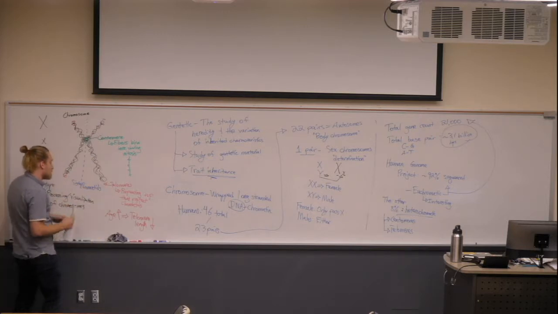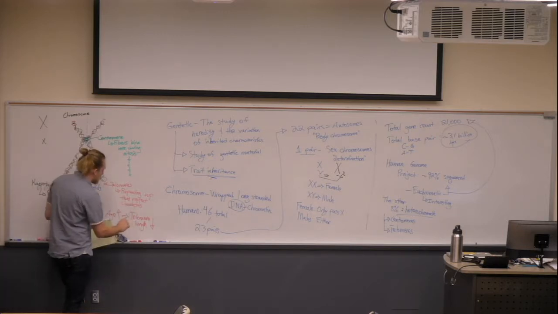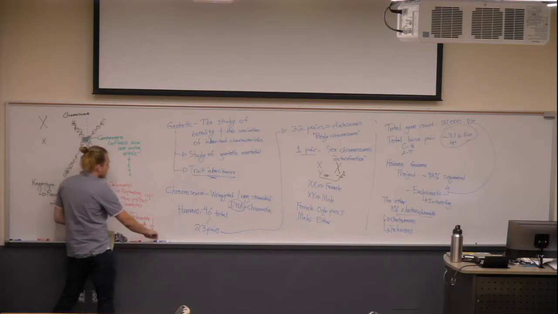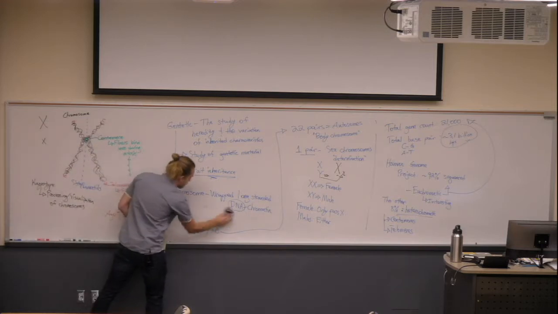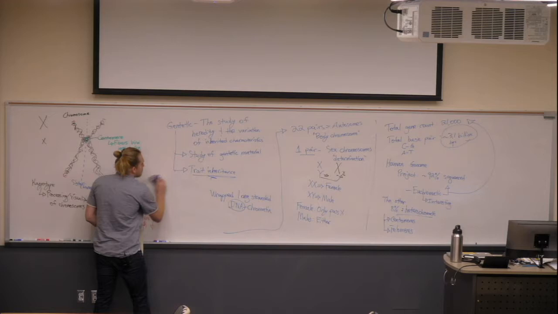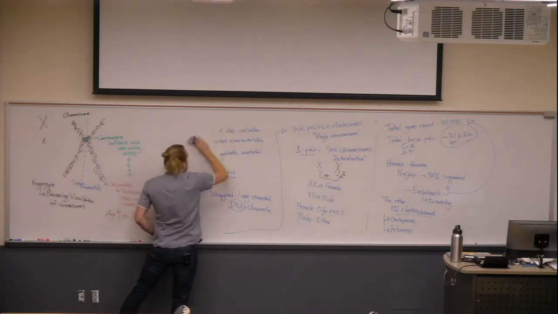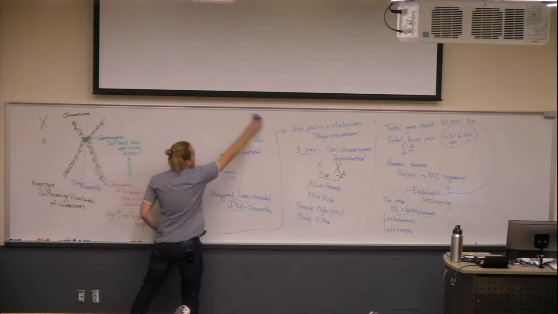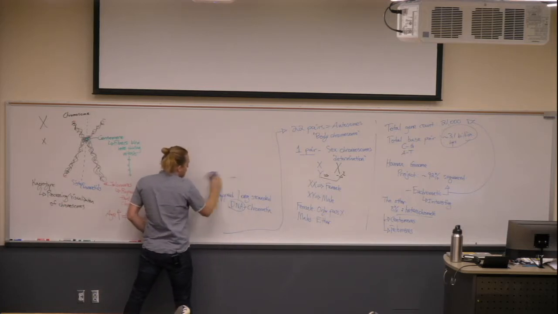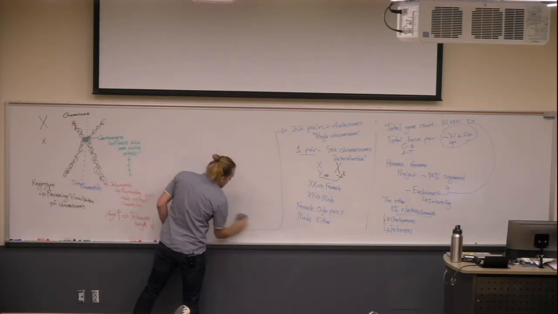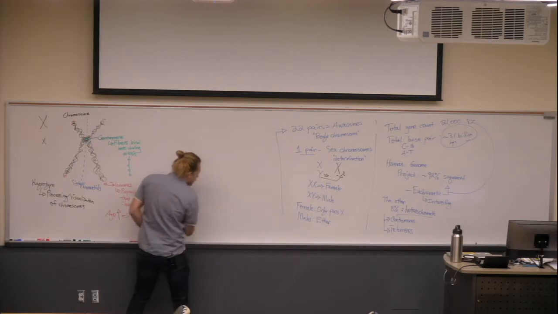Moving back to telomeres. So there is an enzyme that can repair these, and the enzyme is called telomerase. Similar to DNA polymerase, the telomerase repairs all of the telomeres. It can actually add back in those base pairs that were lost.